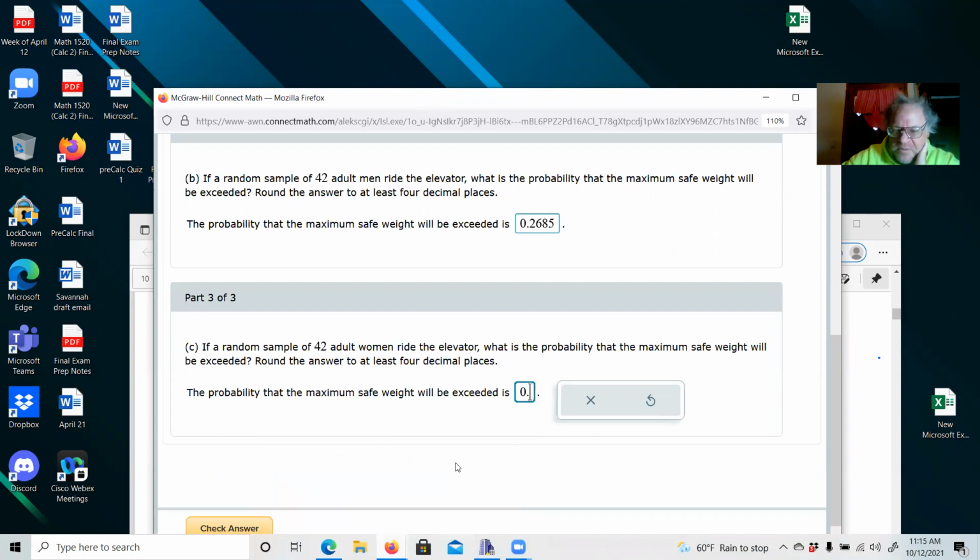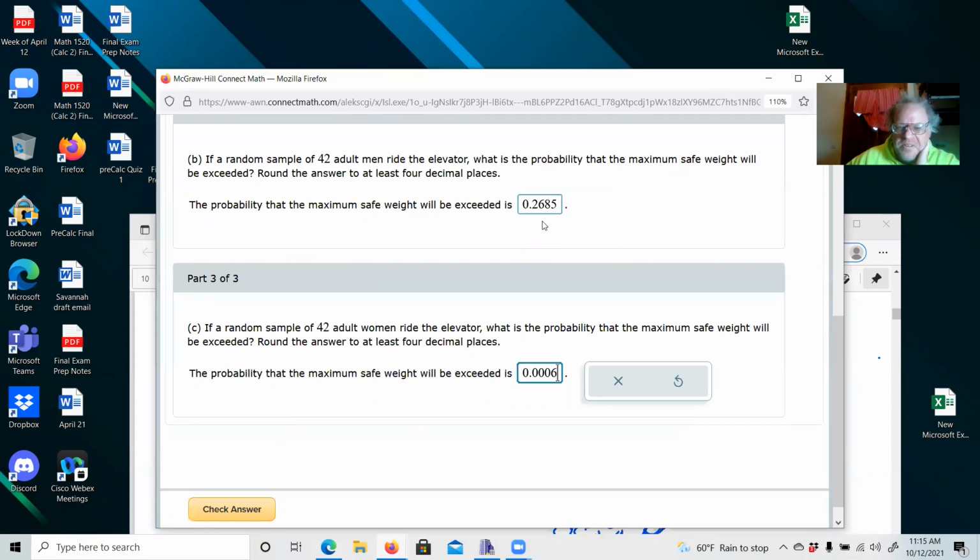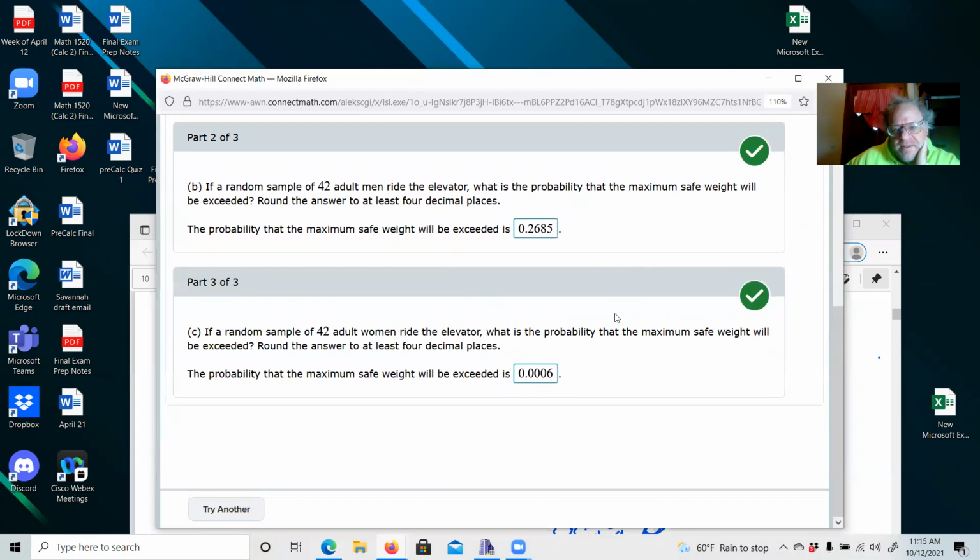Okay, this was 0.0006. All right. So if you're making this elevator for a fraternity, you probably got to rethink that decision. If you're making it for a sorority, the chance of overloading it is extremely small. So we're probably okay. By the way, that's how engineering is done.